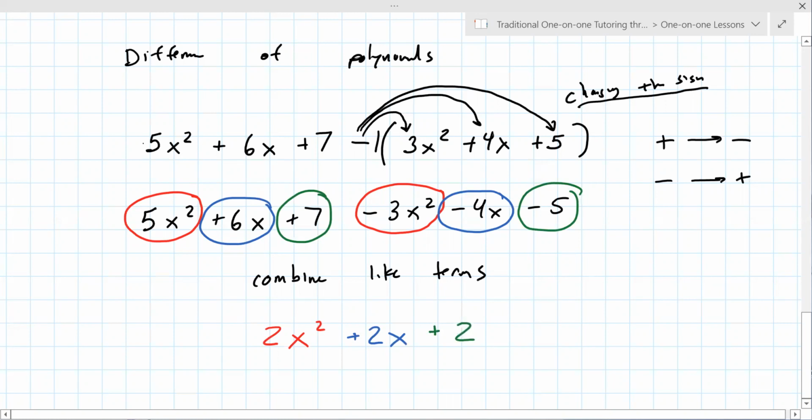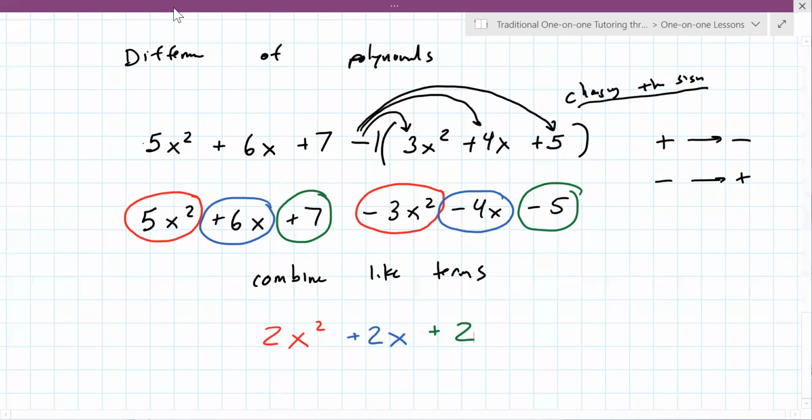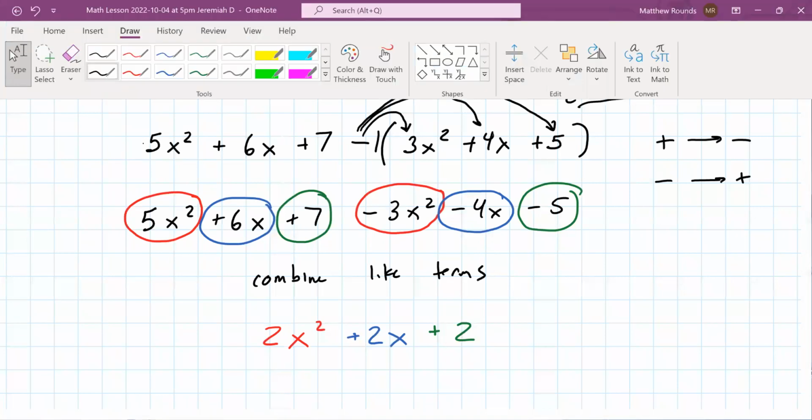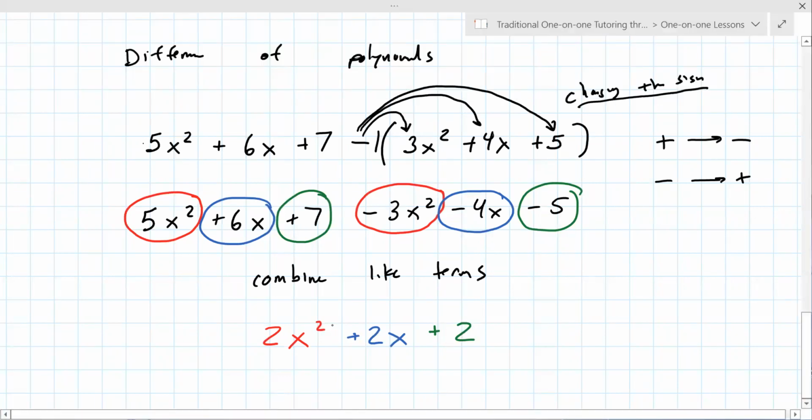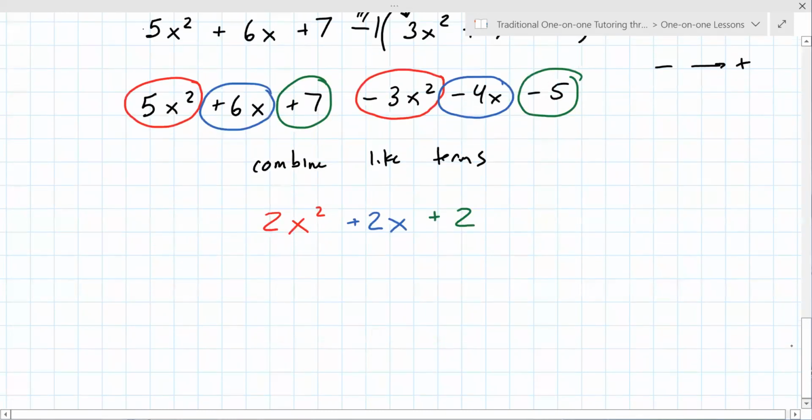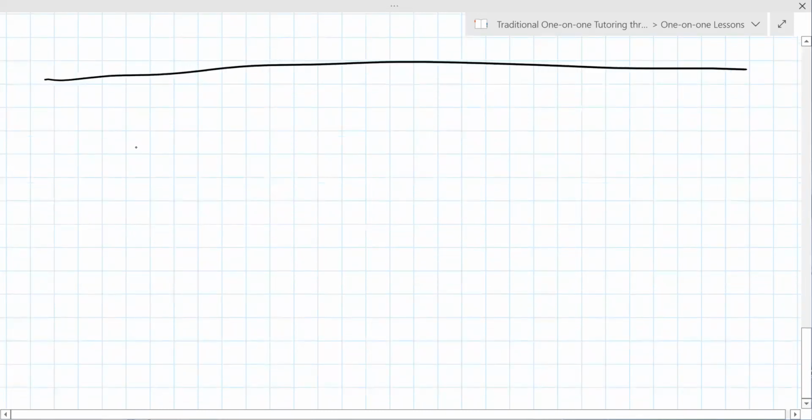Actually let me start a new problem here, but we need to focus first on combining like terms. So let me have you do that for me in this problem. Let's say it's minus 7x squared plus 4x minus 5 plus 3x squared minus 6x plus 7.